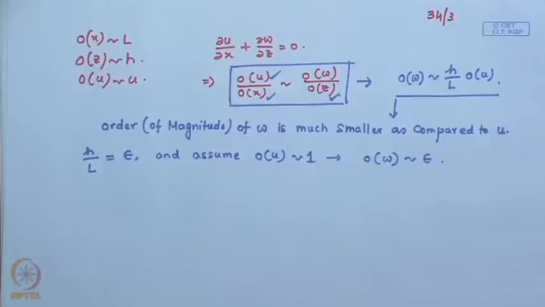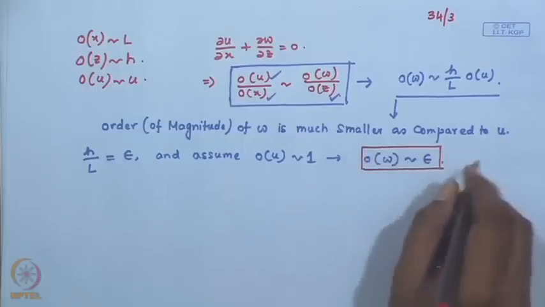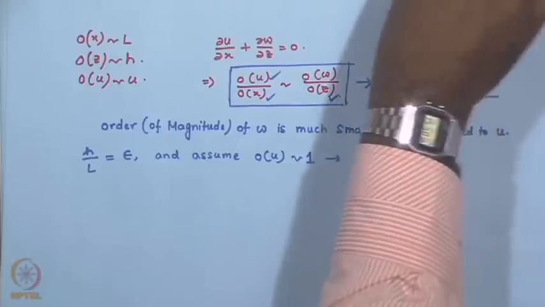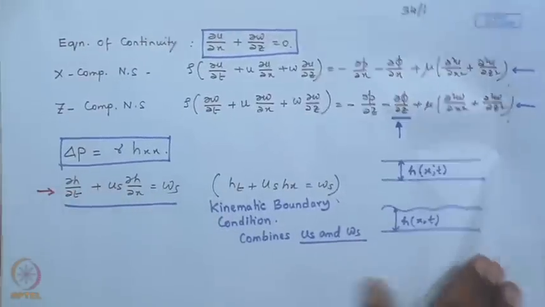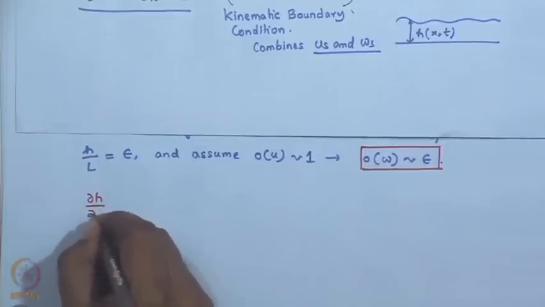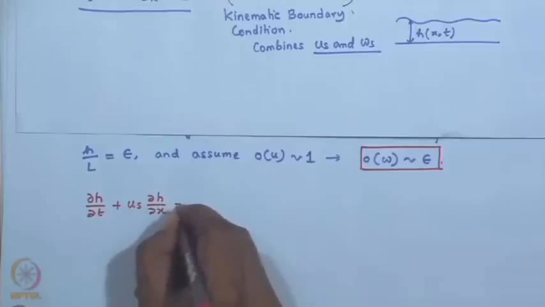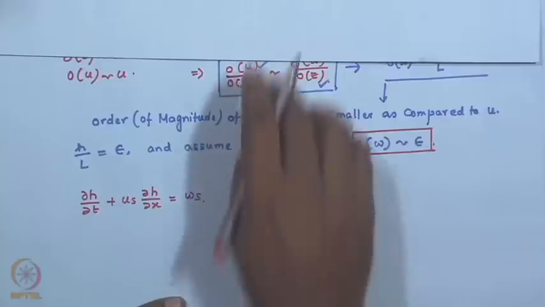Okay. Now, after obtaining the order of w from the continuity equation, let us investigate the kinematic boundary condition with the order of magnitude analysis. So, this is the kinematic boundary condition we have. So, we plug in the respective orders, order of h is now known.